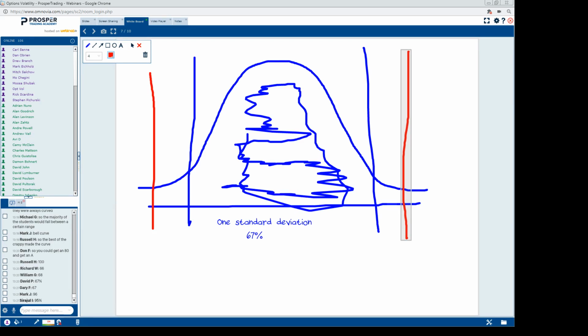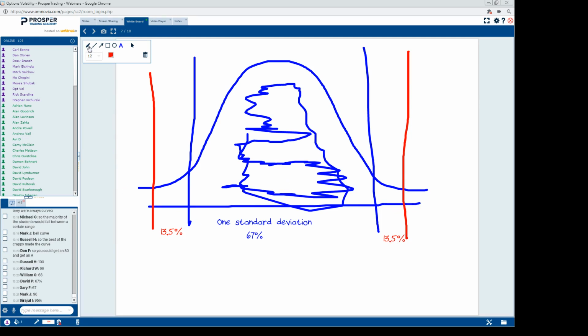So like 13.5% on either side. Okay, so this would be like 13.5% here. This should be the equivalent on the other side, but it's not because my drawing is really terrible.